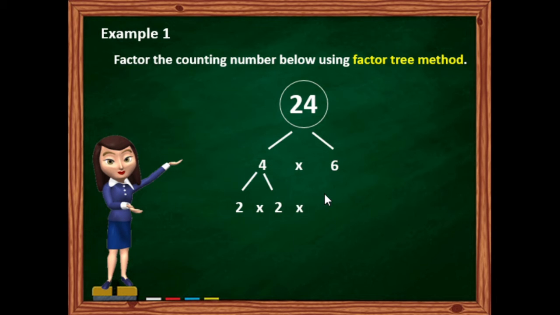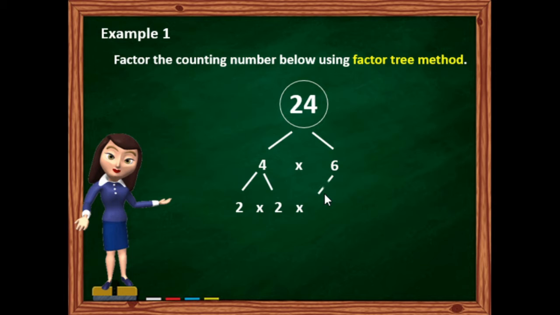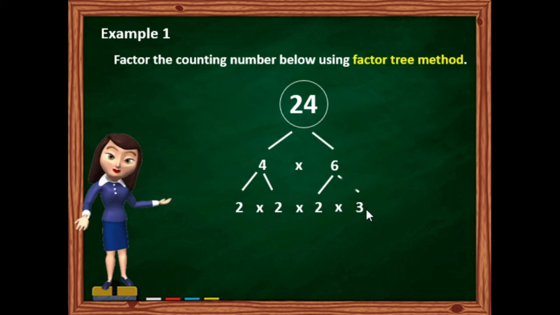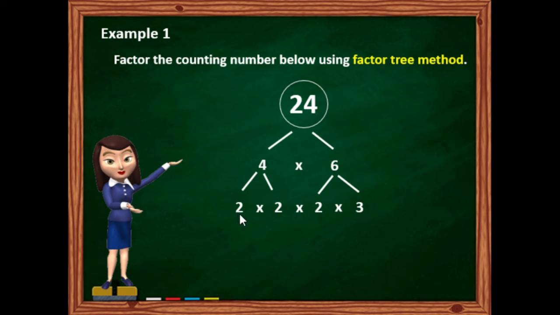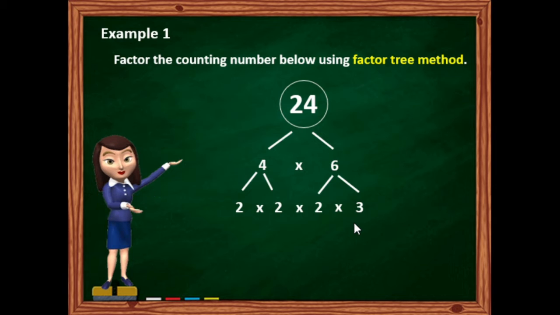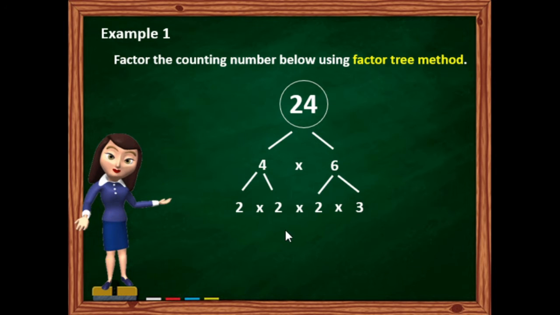And for 6, you can also have 2 times 3. Alright. Now, the numbers 2, 2, 2, and 3 are already smaller values. So, we can stop up to here.